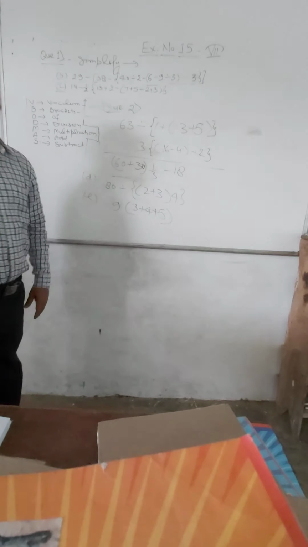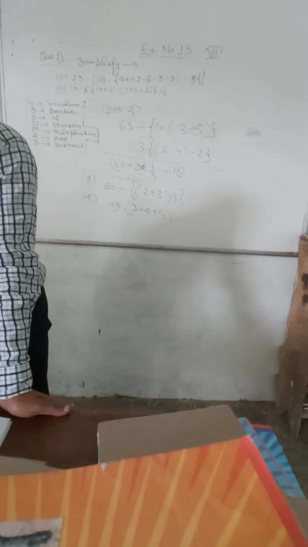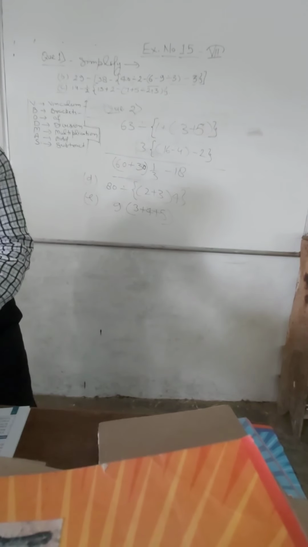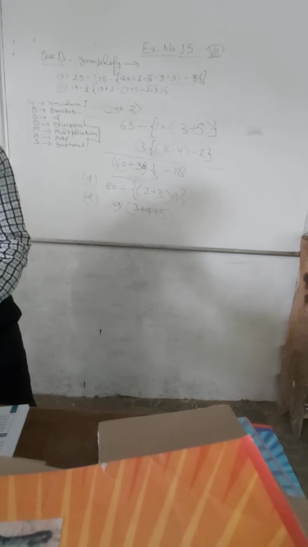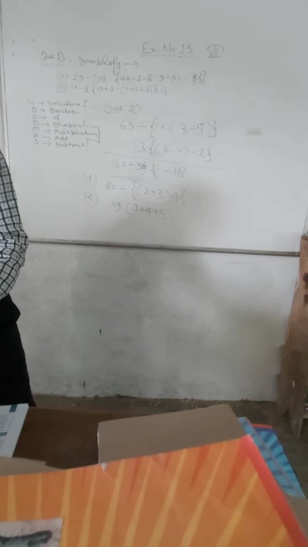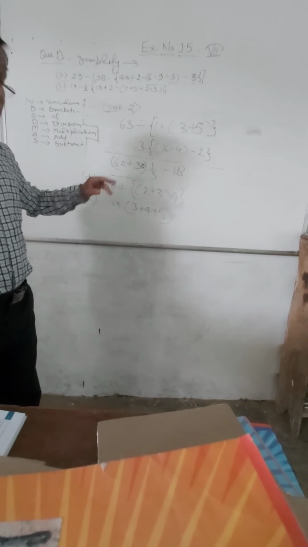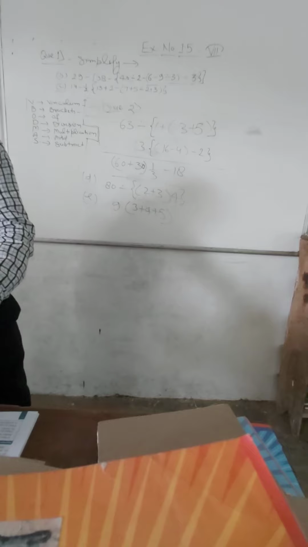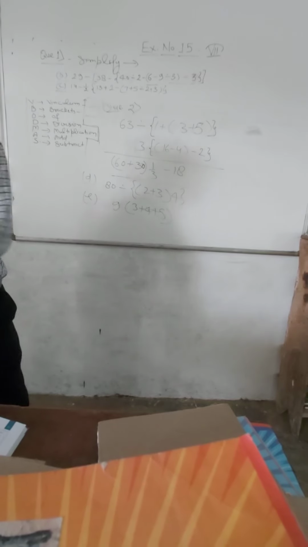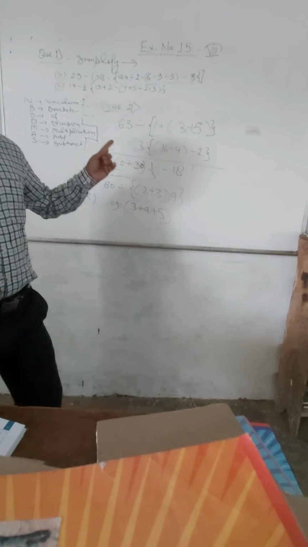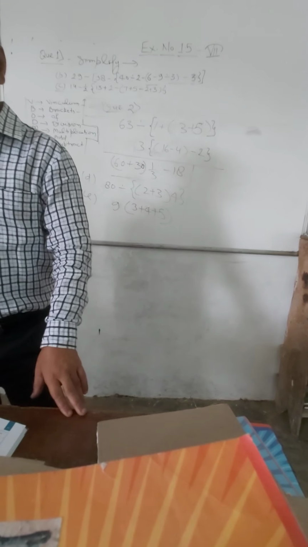The sum of 1/3 of 60 and 30. And 18 divided by 4 times the sum of 2 and 3: question number D, 18 divided by 4 into 2 plus 3. It is correct. Next, 9 into 3 plus 4 plus 5. So this way you have solved the problems of exercise number 1.5.